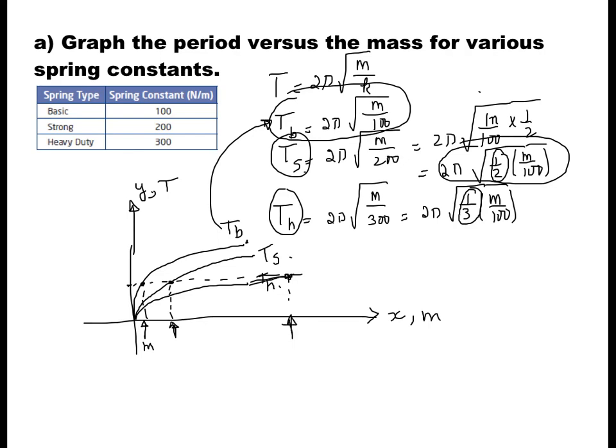So for heavy duty, a larger mass is going to produce the same period compared to a basic or strong spring.